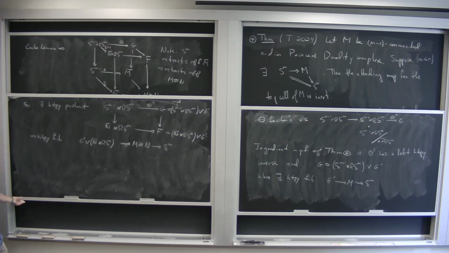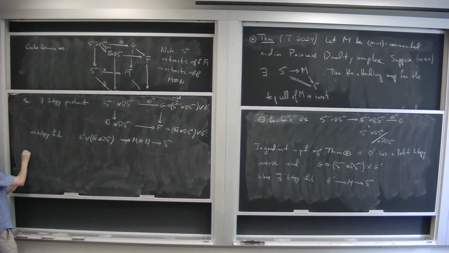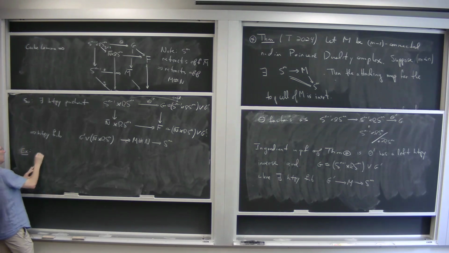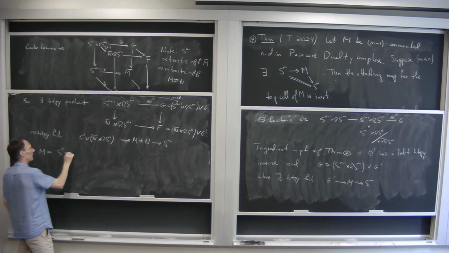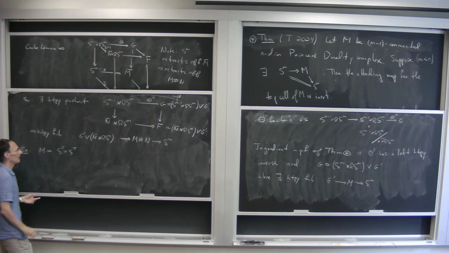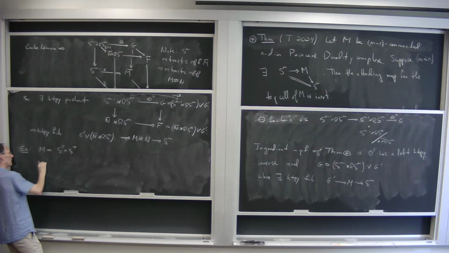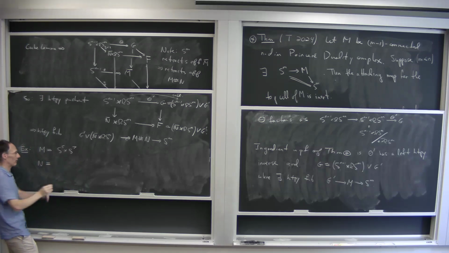So now let's get back to the question. In the question, we had some big connected sum involving a product of 3 spheres and lots of products of 2 spheres. So let's take M to be one of the copies of S5 cross S7, and we'll take N to be all the other stuff.